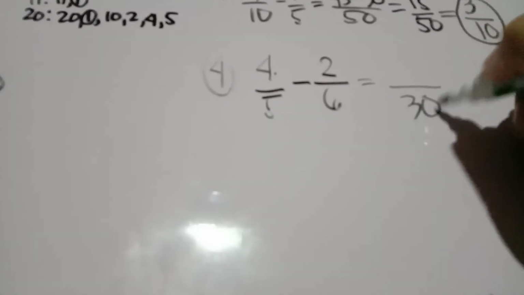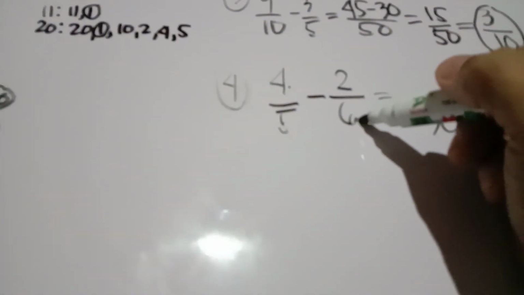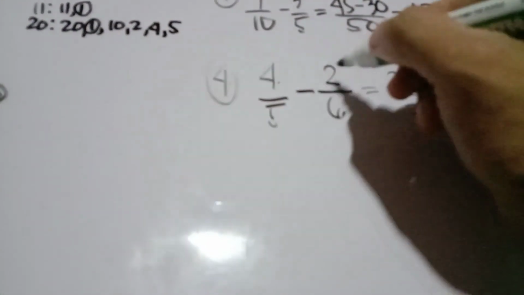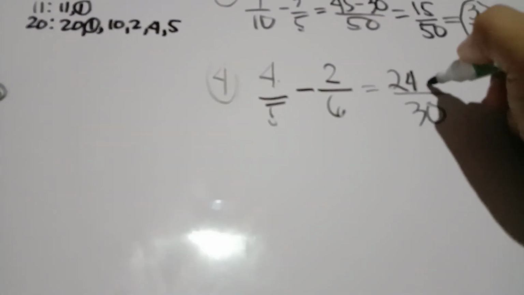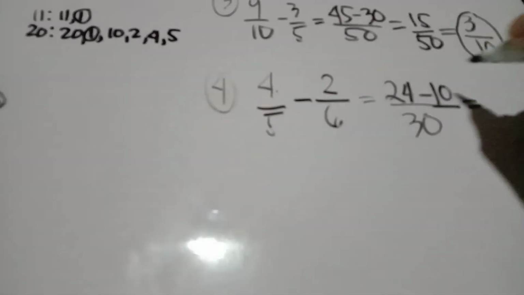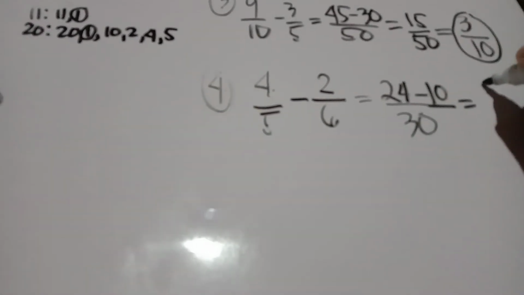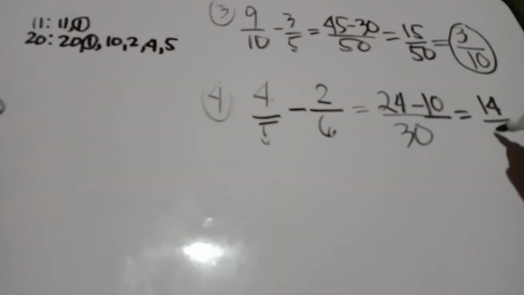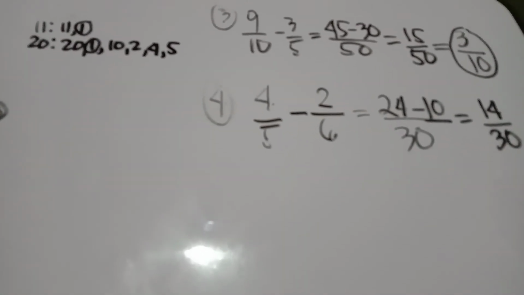Then multiply 4 and 6. 4 times 6 is equal to 24. 5 times 2 is equal to 10. Then subtract. 24 minus 10 is equal to 14. Then copy the denominator, which is 30.